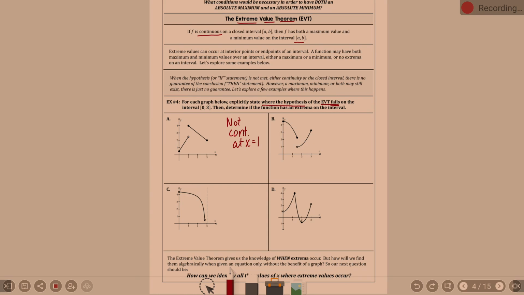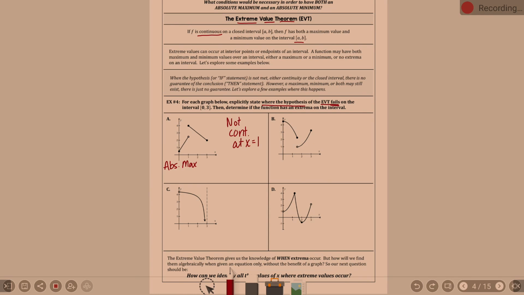Now, determine if the function has extrema. And specifically, I'm talking about absolutes for the most part here. What do you see? An absolute max is 1, 4. Okay. And then the absolute min is, I'd say, 0, 1.5. Good job.